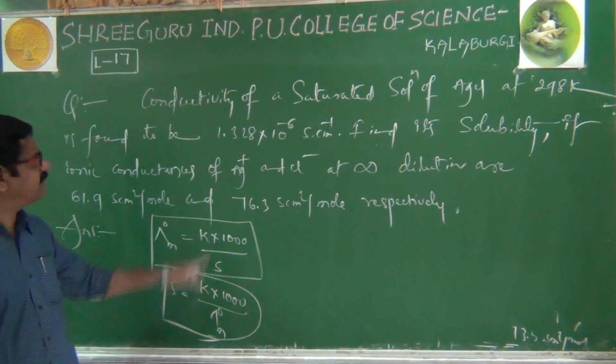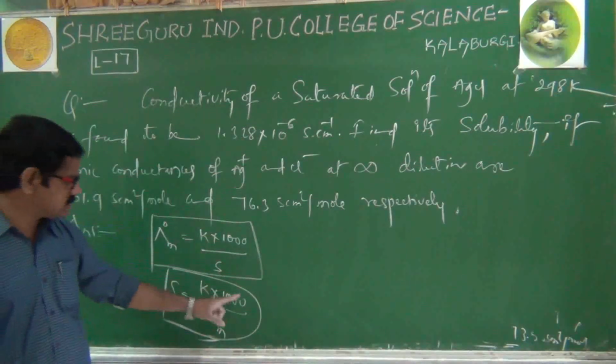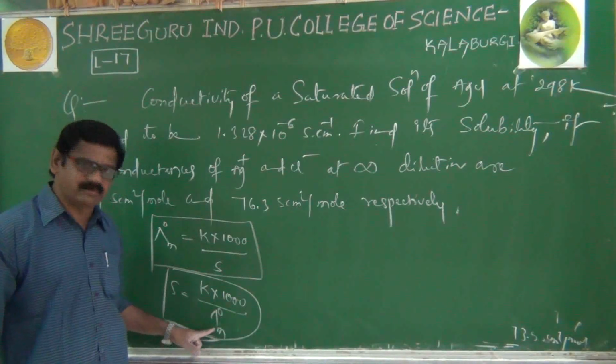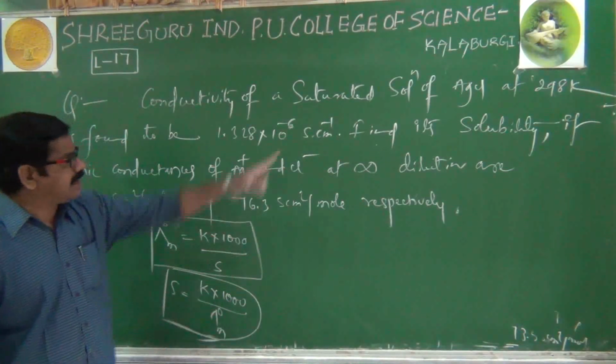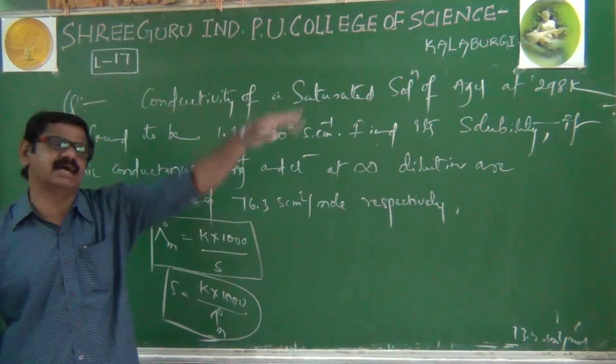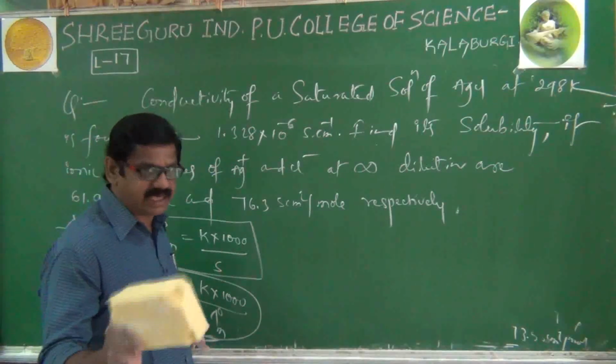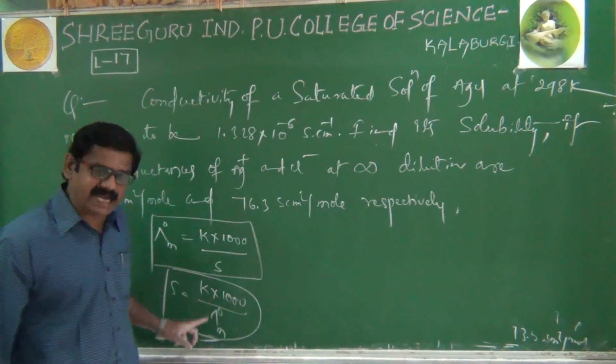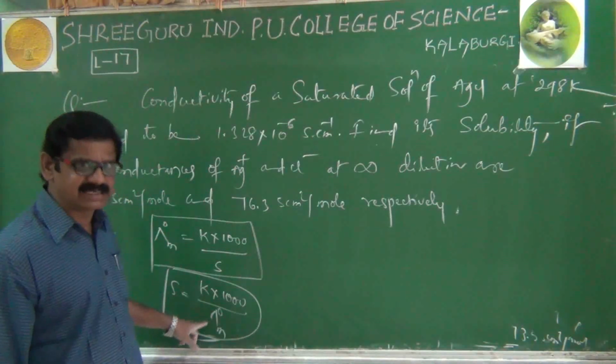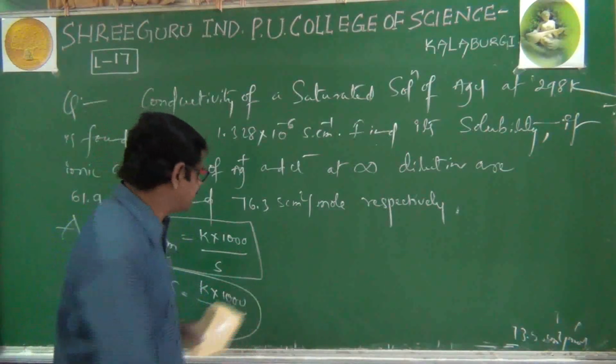Now in the question, K value is already given. There is no doubt. 1000 is 1000 only, but lambda m naught of AgCl value has not been given. Lambda m naught, limiting molar conductance of AgCl, has not been given. For that purpose, he has given a hint, nothing but indirectly he has given like this.